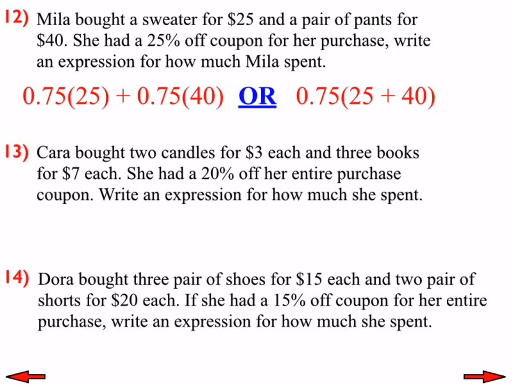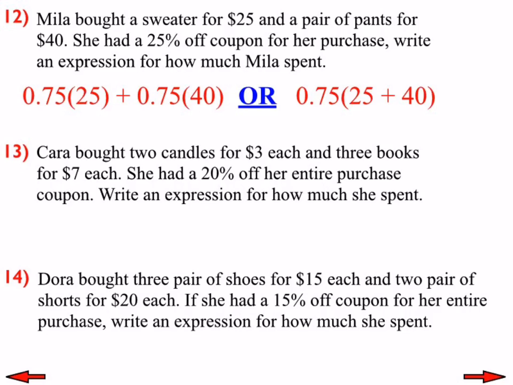Somebody brought up third period about, well, shouldn't it be 0.25? And the answer is no. If you get 25% off, you're taking 25% away from it. That leaves 75%. And so if you had, in place of 0.75, 1 minus 0.25, that's fine. I just went ahead and I simplified it.